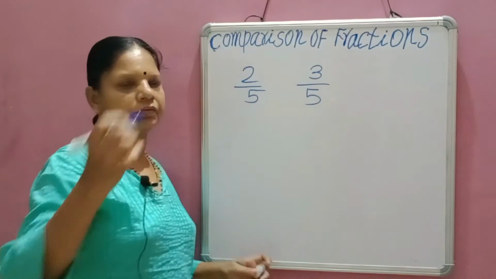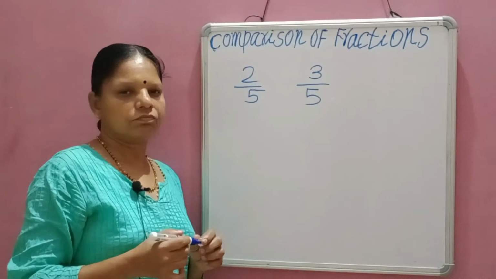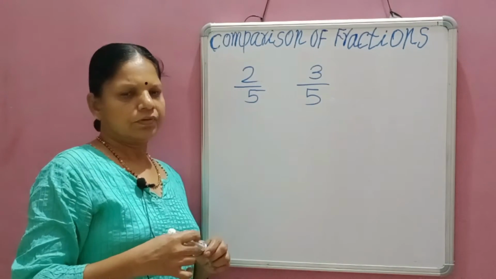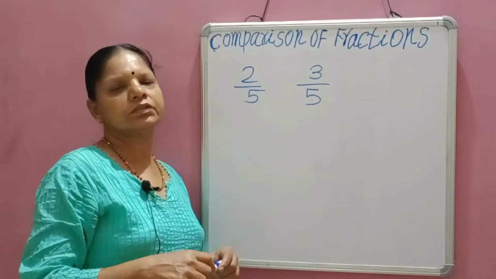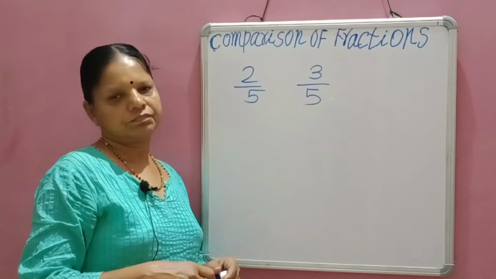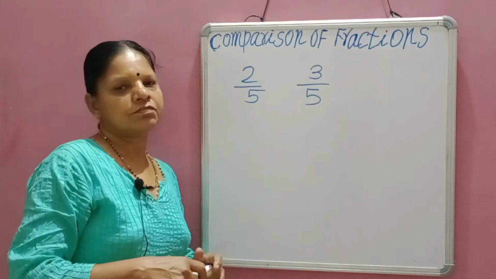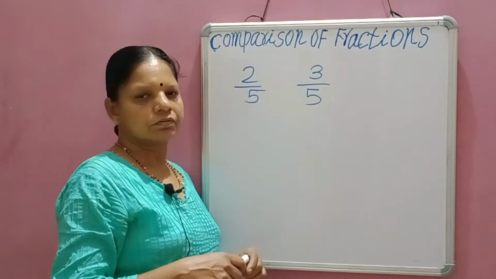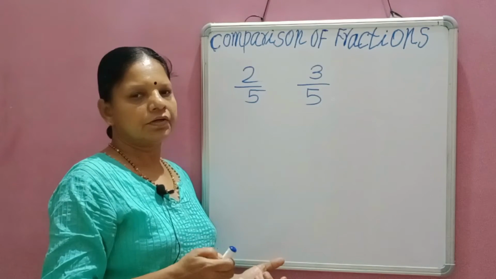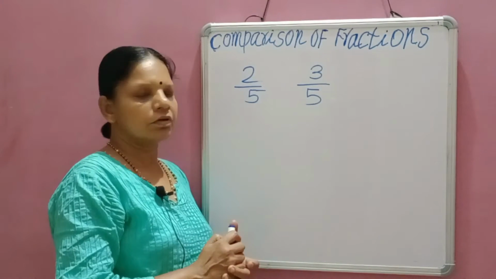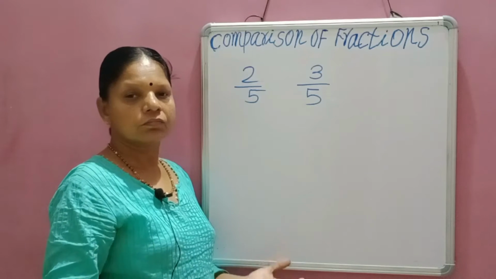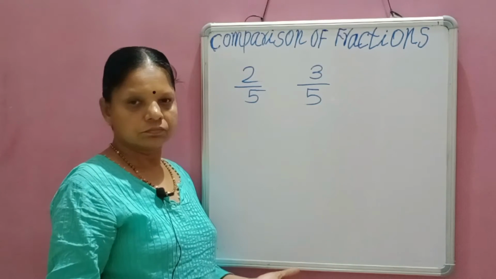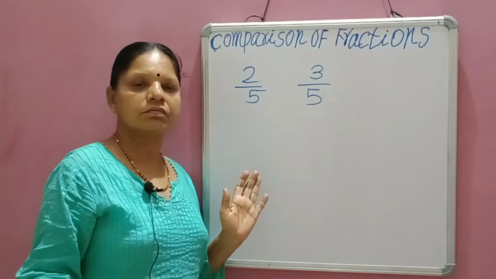We'll compare these two fractions. It is very easy when the denominators are same, because an object is divided into same equal parts. Out of these, different numerators are taken. So what is the comparison?